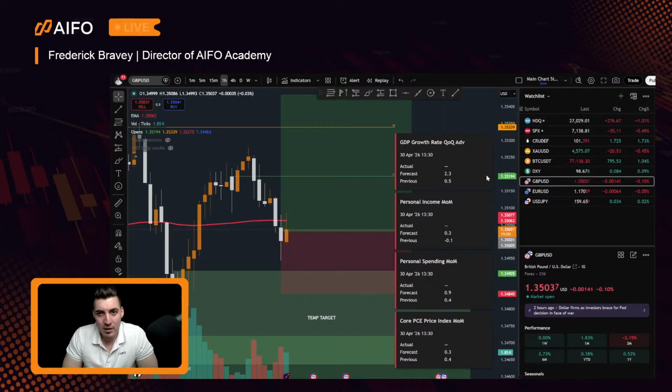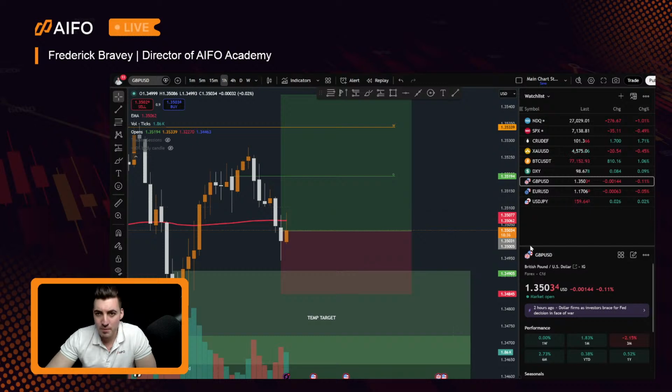And if that is the case, then I think we need to see the DXY come down first to grab liquidity to then support the price movement into the upside when all of this information comes out. Because yeah, that's huge. You know, that's what, 1.7-ish% higher growth rate quarter over quarter.